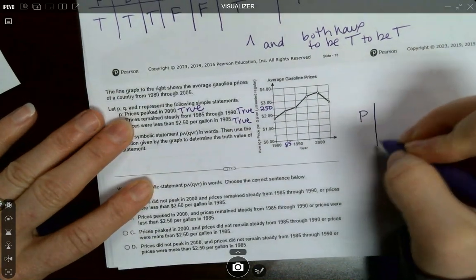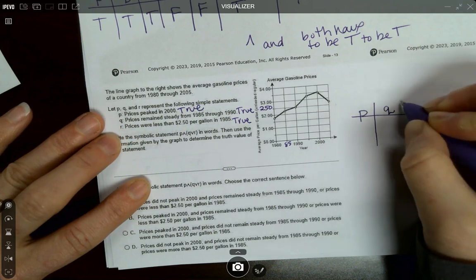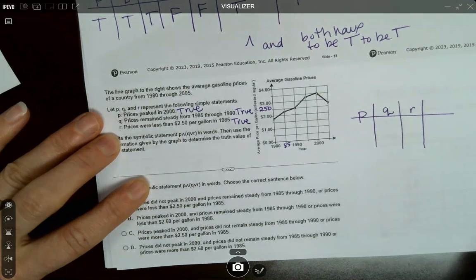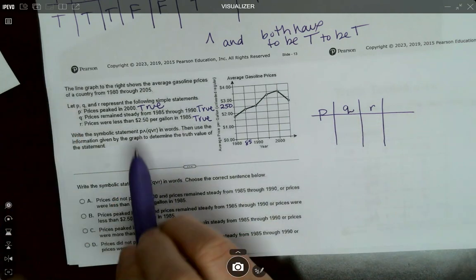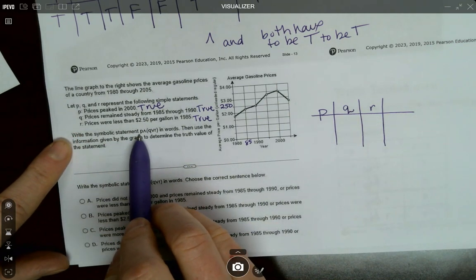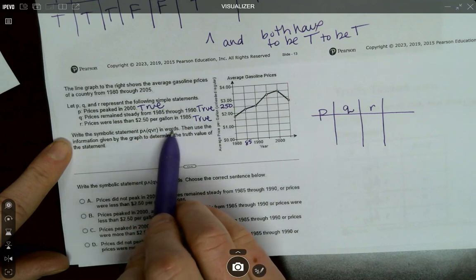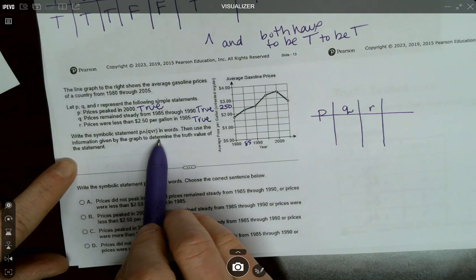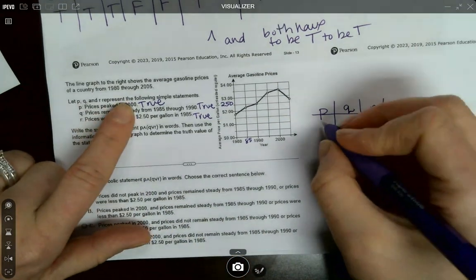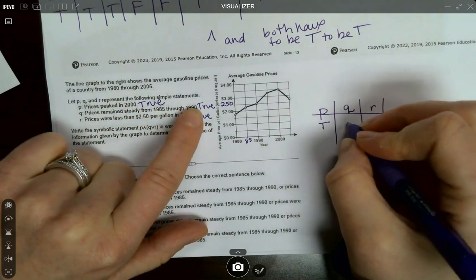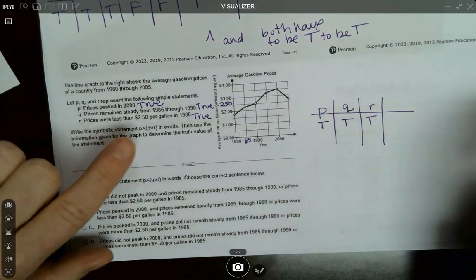So let's go ahead and make our little table, P, Q, and R. Then let's see, what do we need to do? Write the symbolic statement P and (Q or R) in words. Then use the information given by the graph to determine the truth value of the statement. Okay, so P is true, Q is true, R is true according to our graph.